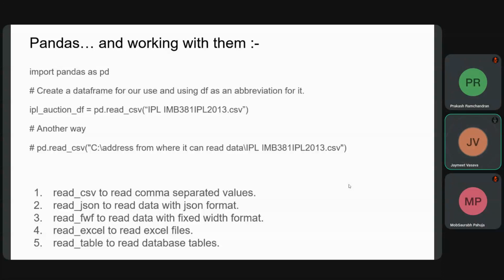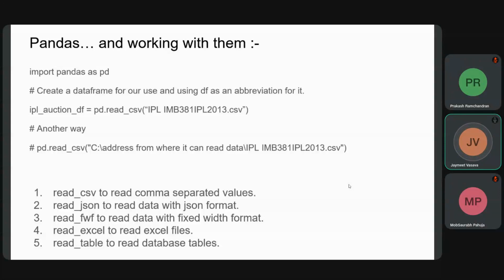We can directly give the name of the dataset if the program we are running is in the same folder as the dataset file. But if not, we can give it using the address as shown below in the comment.